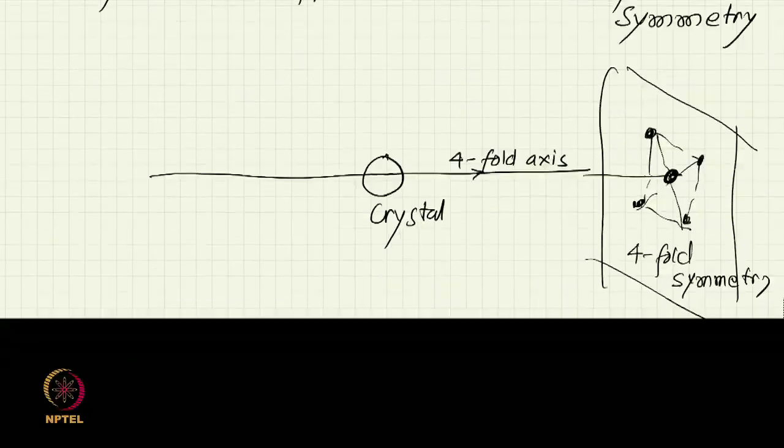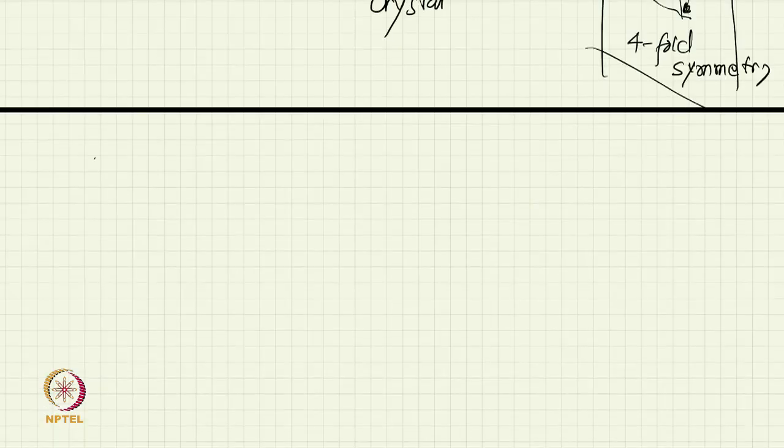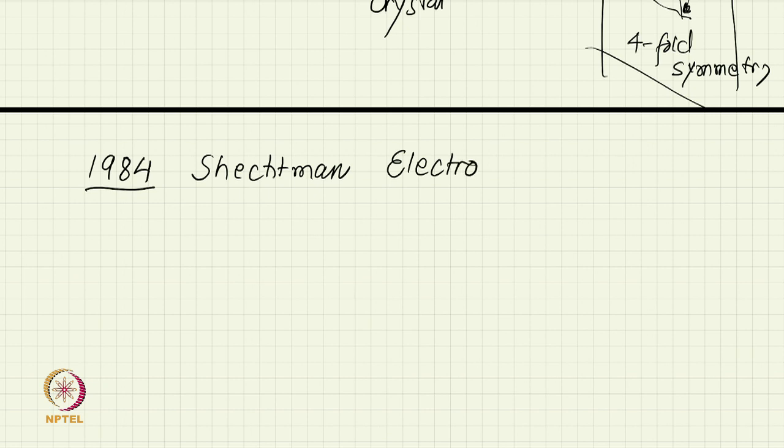This is where the problem began: in 1984 when Shechtman did his experiment, he was not doing X-ray diffraction, but electron diffraction in a transmission electron microscope, TEM.